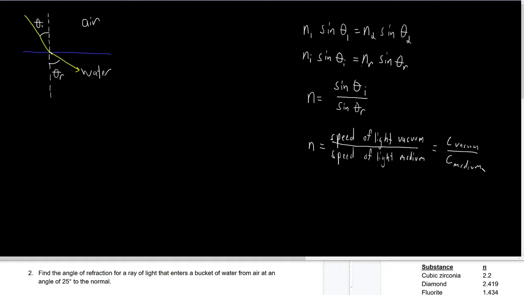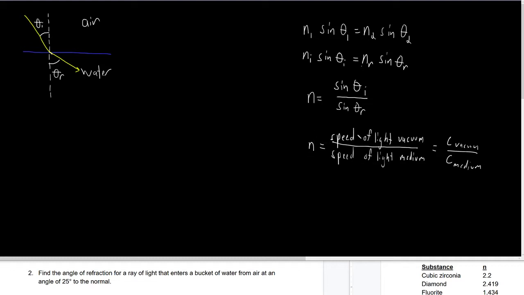We know that certain substances are going to slow down the speed of light to some effect. Really we're talking about the net speed of light, but hold on to that for later on. What we're going to see is the slower light goes in a medium, the bigger our index of refraction is.